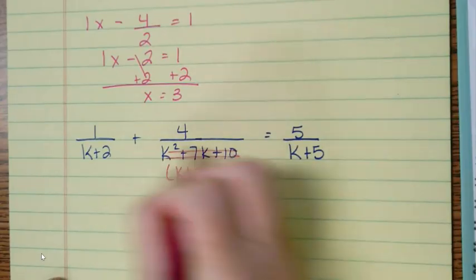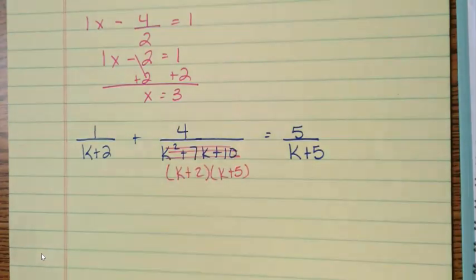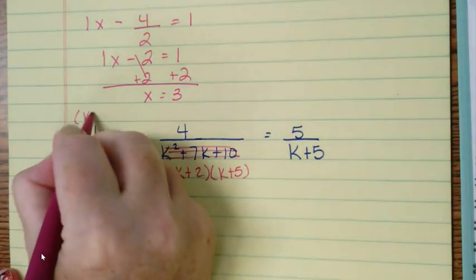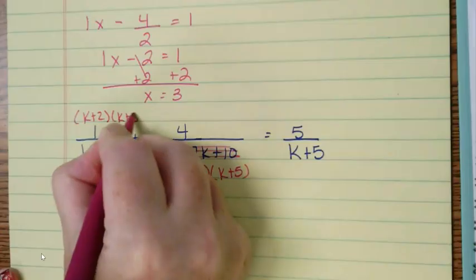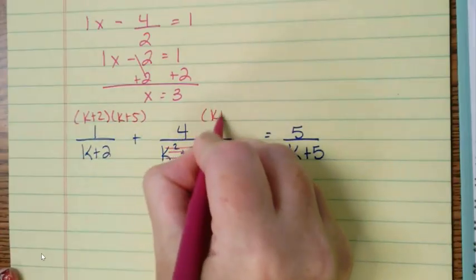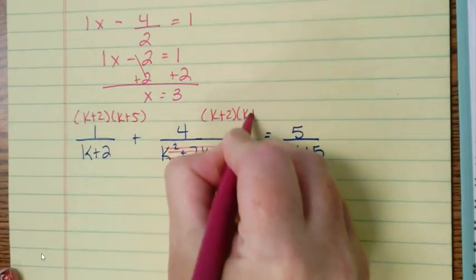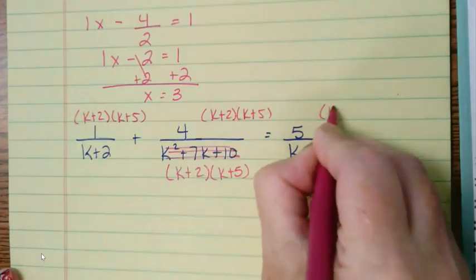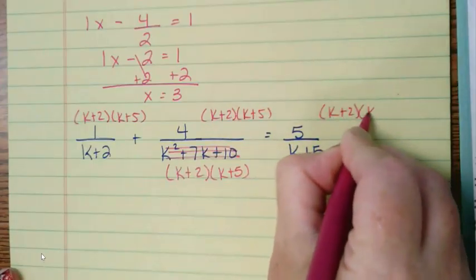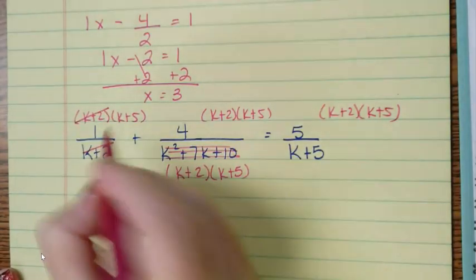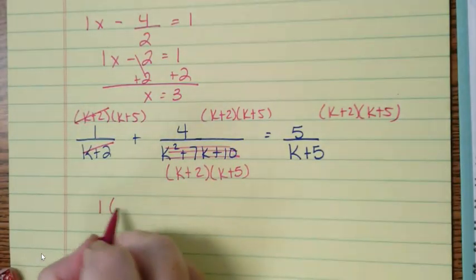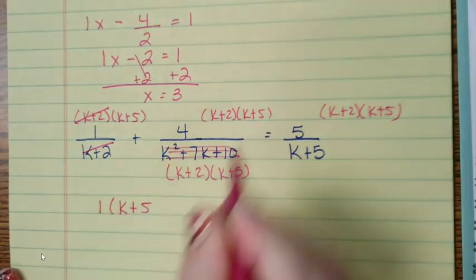So I'm going to rewrite this. So now multiply everything by k plus 2 and k plus 5. So the k plus 2's cancel, so you're going to do 1 times k plus 5.